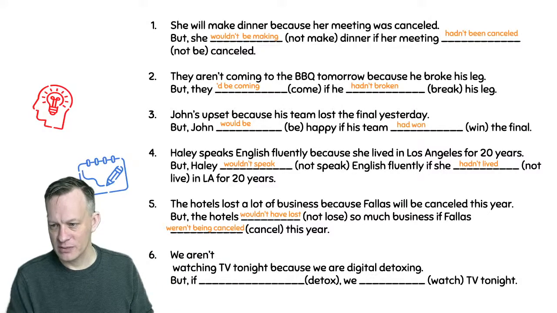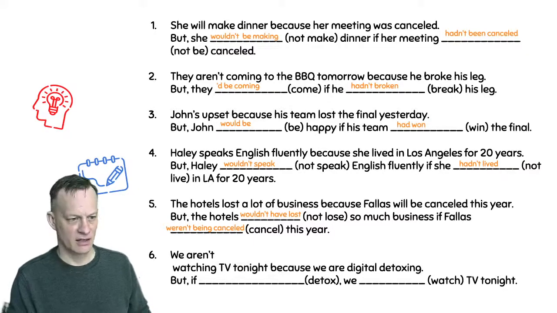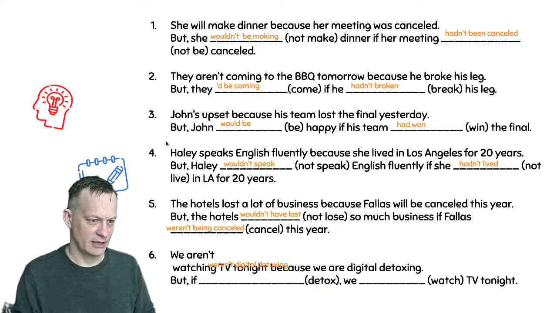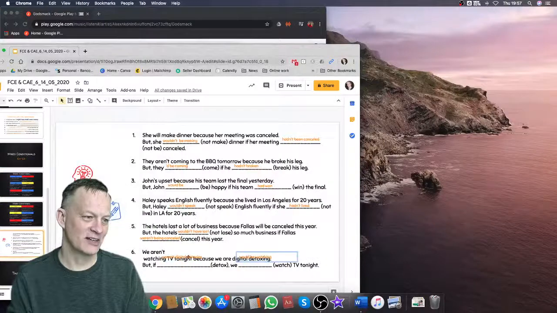Santi, Isabel says if we were not detoxing, we would be watching TV tonight. Yes. Irene, if we weren't digital detoxing, we would be watching TV. Enrique, yes. If we weren't digital detoxing, now my sentence is all out of whack.